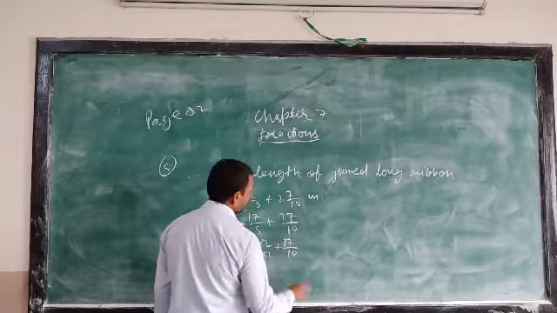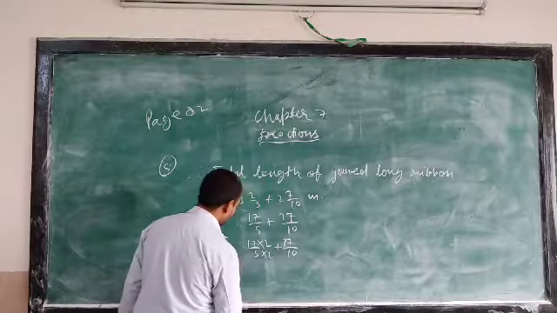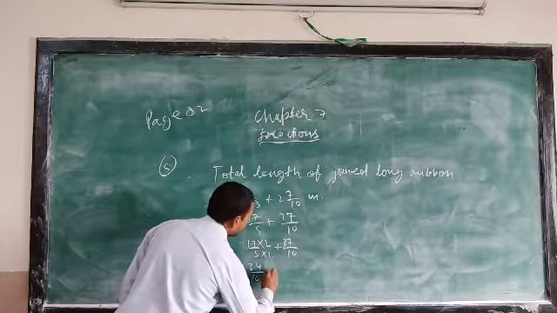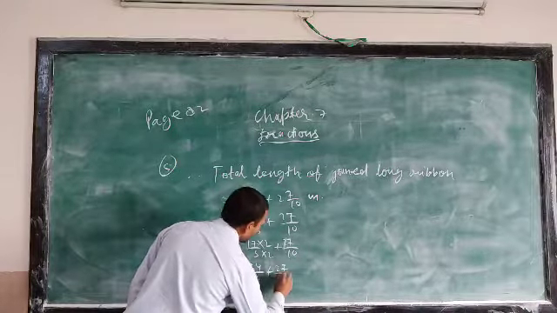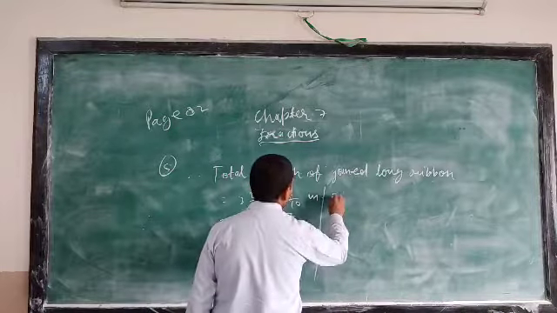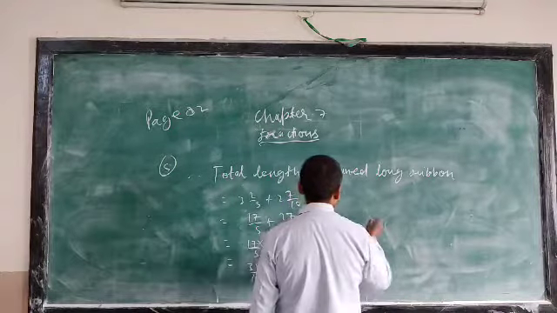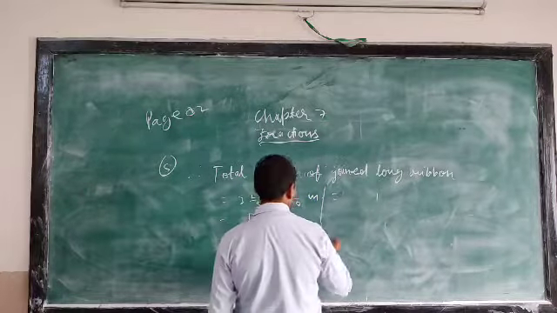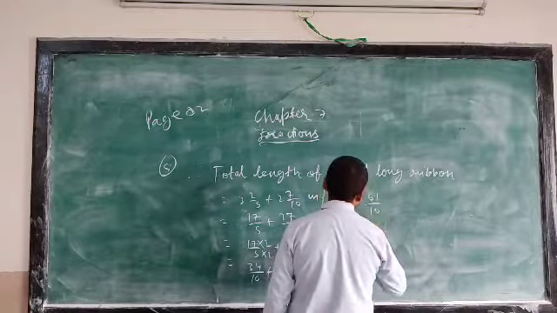The denominator and LCM are the same, so you can write the same fraction, 27 by 10. Then add here 7 and 4 is 11. 3 plus 2 is 5, and 6 by 10.